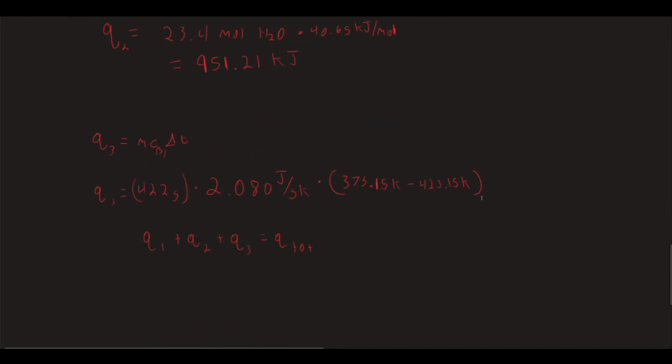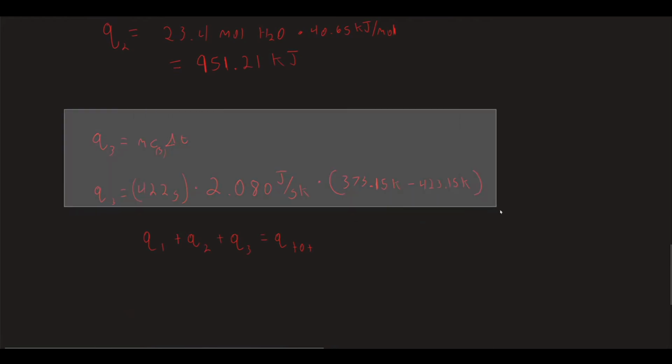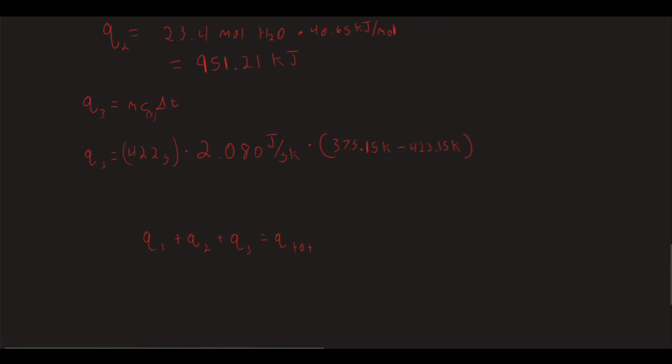And finally, let's do the last one. The last one is 422 multiplied by 2.080 multiplied by 373.15 minus 423.15.